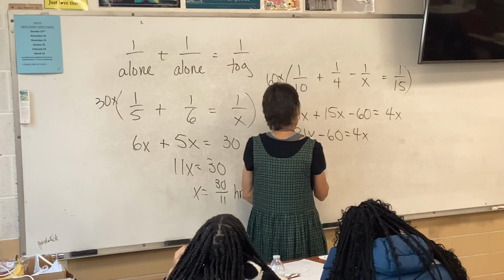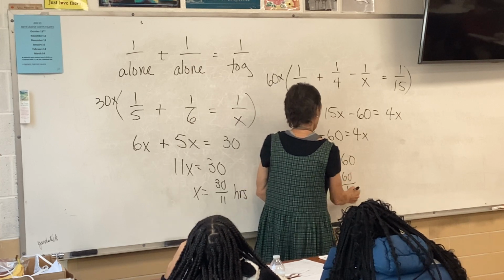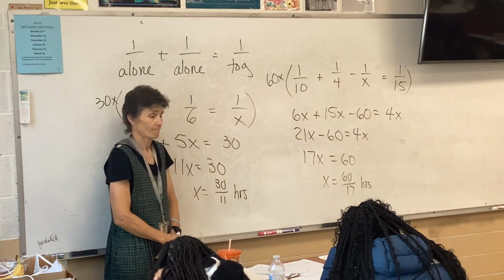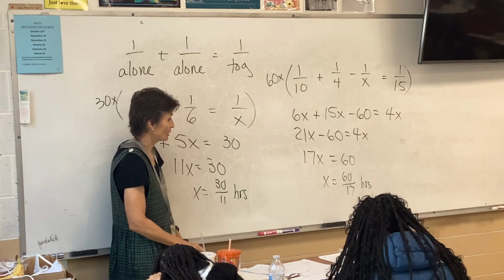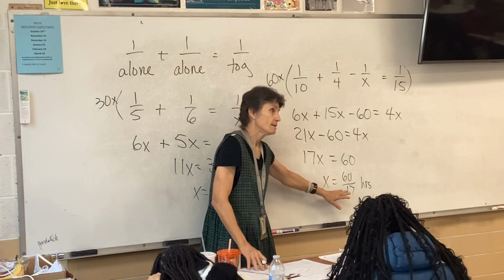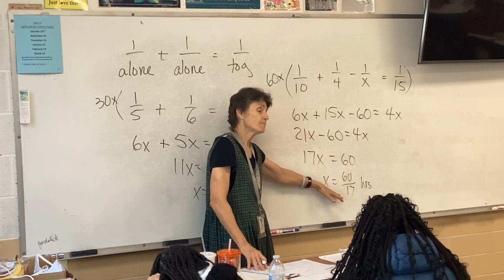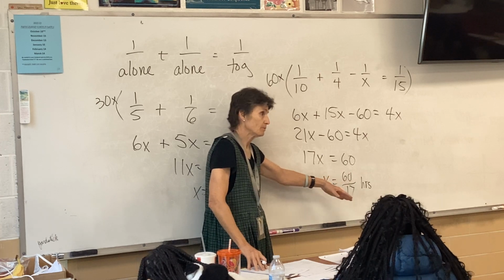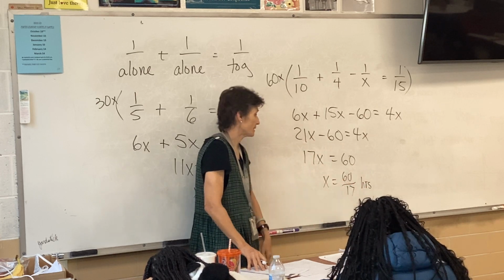I got 60/17 hours. That's what you got? Good. And what does that stand for? That's how long it would take the drain to empty the pool all by itself. We have a full pool, full plug, that's how long it's going to take to empty.